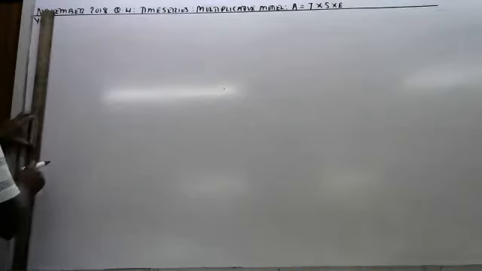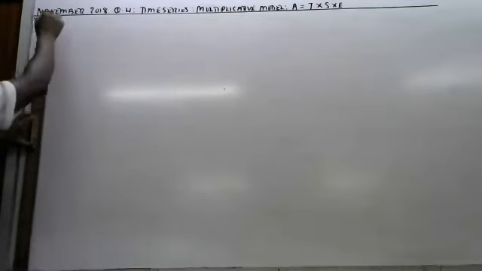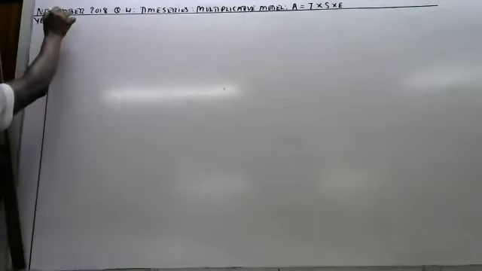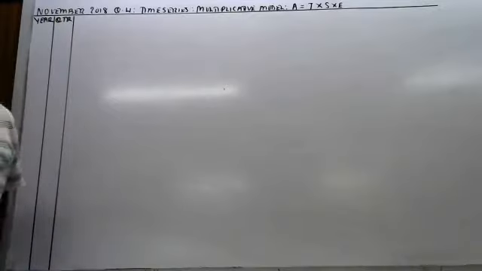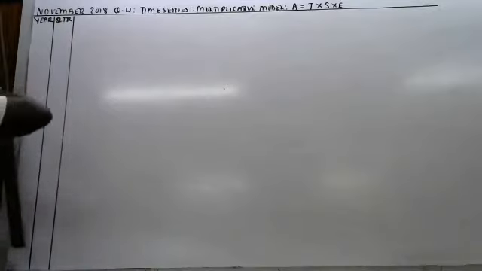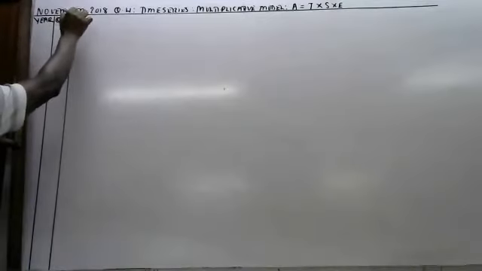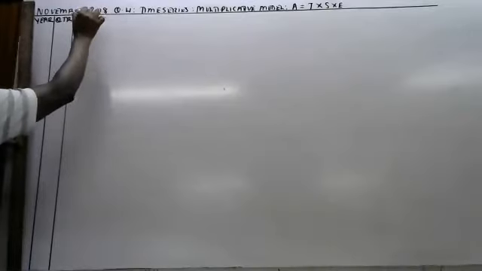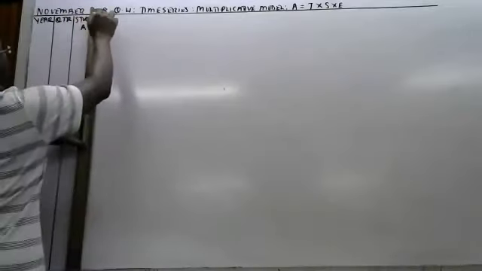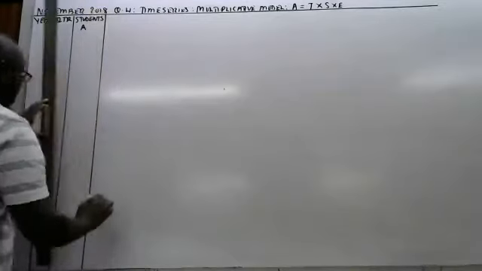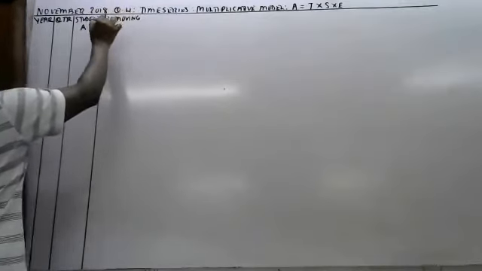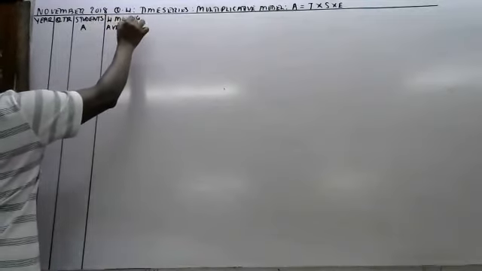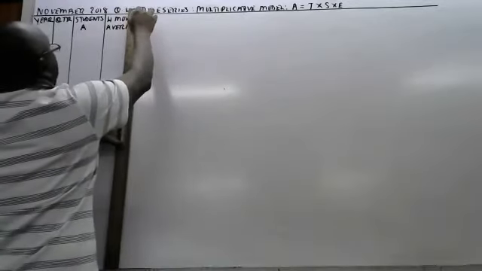We have the year. Then we have quarter. We have students, which will be our A. Then we have what we call 4 moving average.